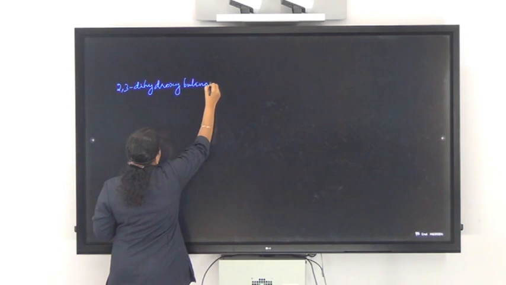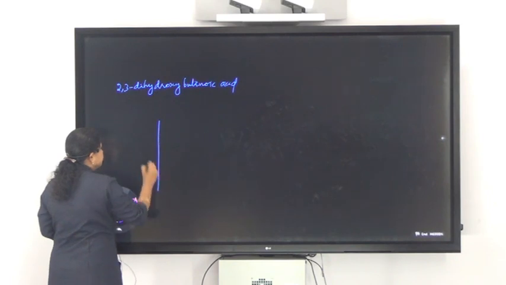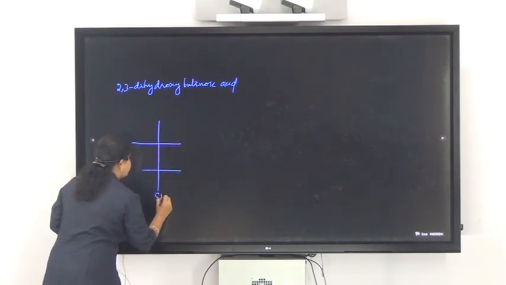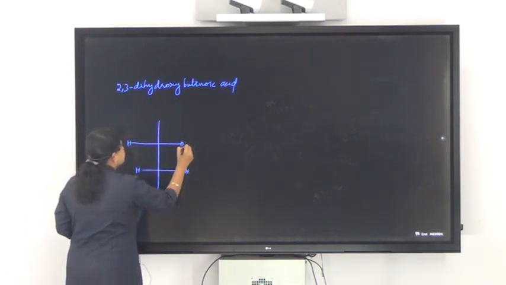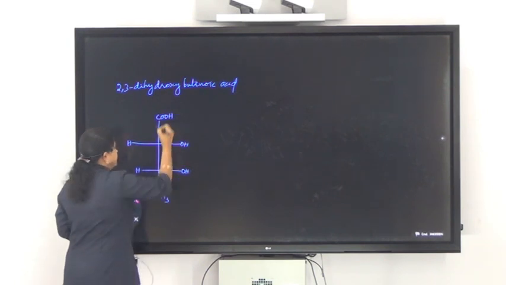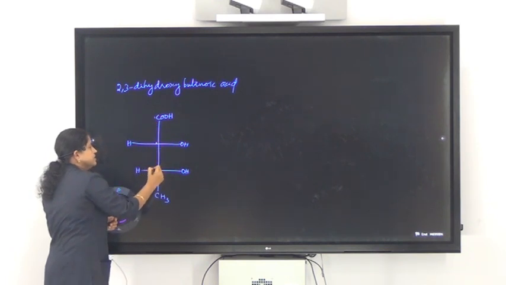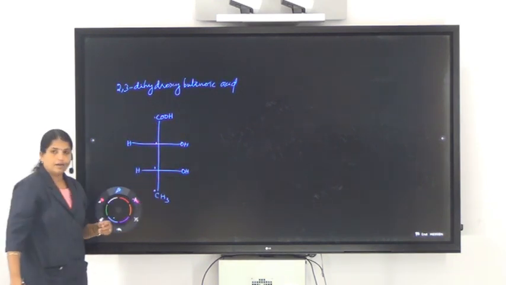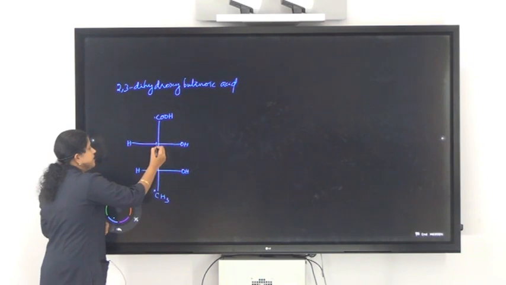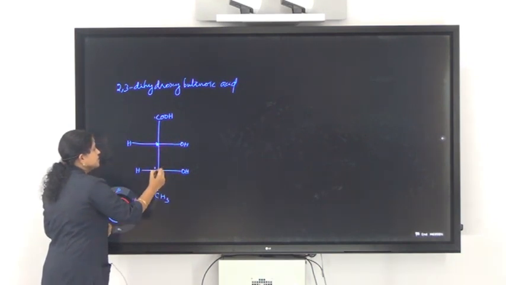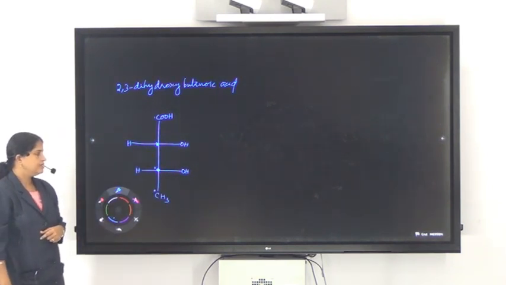Its structure is as follows. This is the first carbon, this is the second carbon, this is the third carbon, and this is the fourth carbon. The second and third carbon atoms are the two asymmetric carbon atoms.